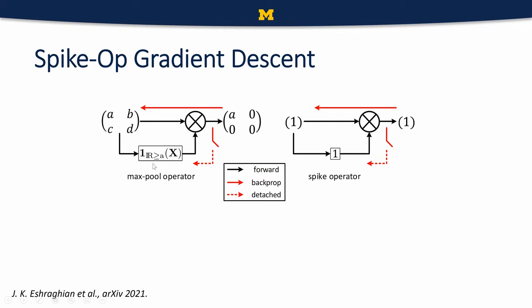Now, one thing that's worth noting is that this indicator function here is actually a function of A, right? So if the maximum value of this matrix were to change, then this A would change as well, right? Then we would have to multiply it by 0, 1, 0, 0. Now, the problem with that is that this operator is now non-differentiable as well.